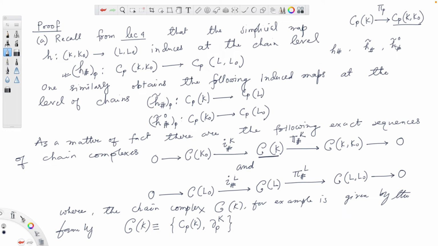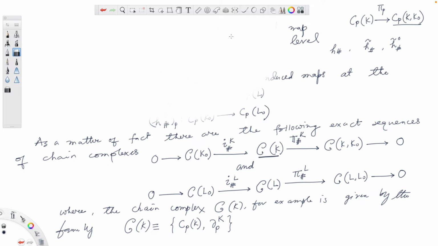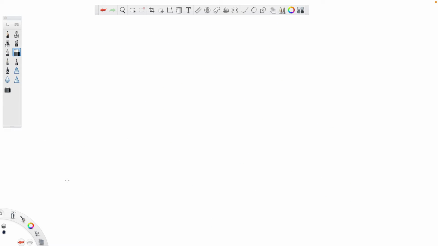And therefore we have the following commutative diagram. So let me draw this commutative diagram. I'm going to keep it intact. I will need it. Let me draw it on the far right, so that I don't have to erase it. 0 to C_p of K0. The following diagram commutes for all p.